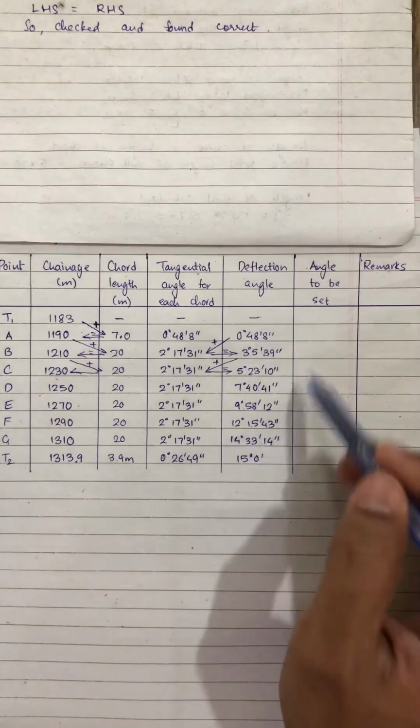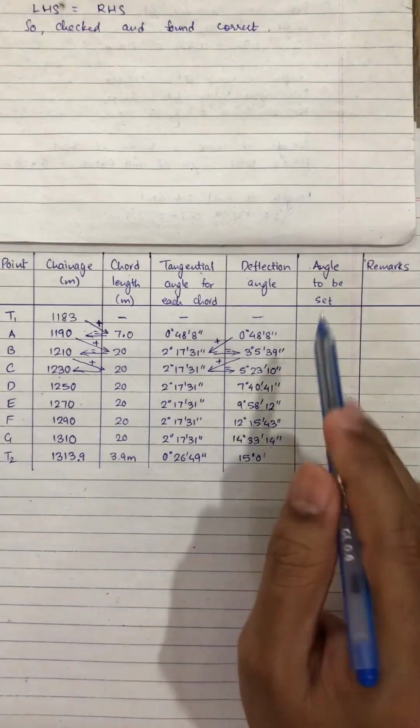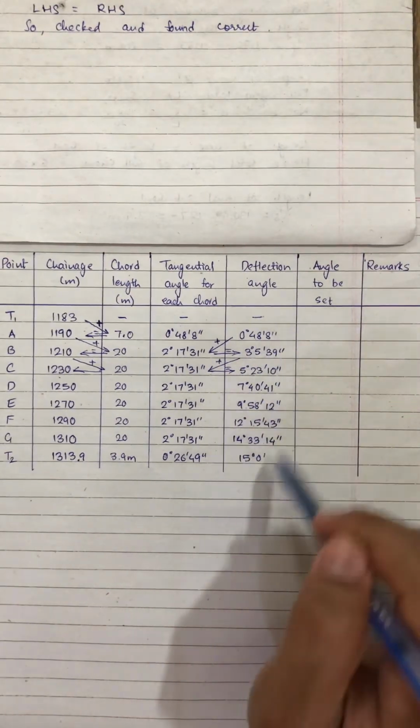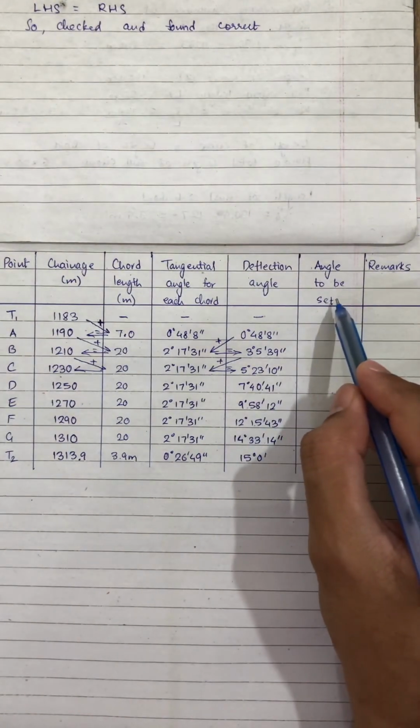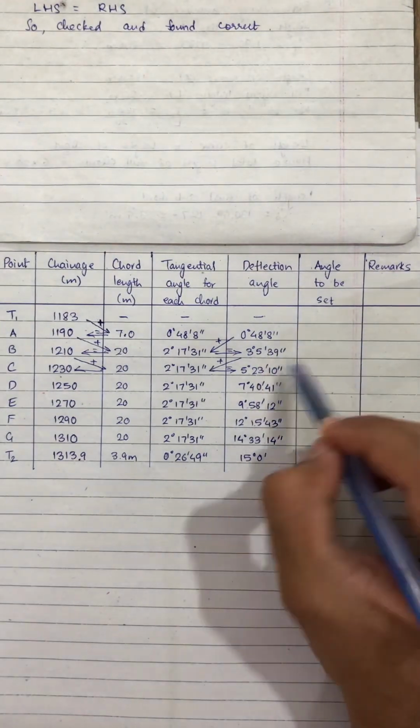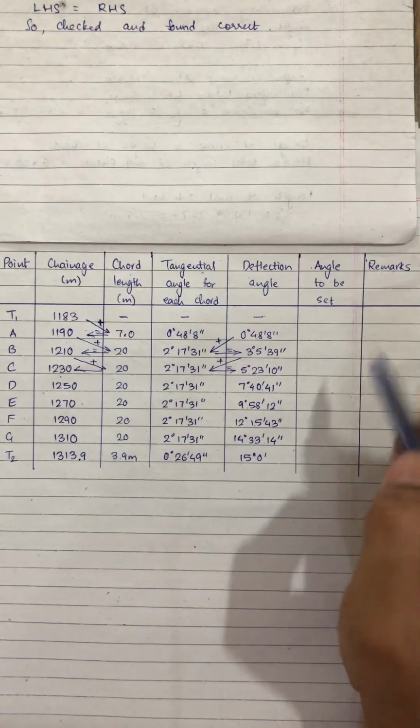Now this is actually the angle that has to be set on the theodolite. So for the angle to be set on the theodolite, these values will be copied over here itself.